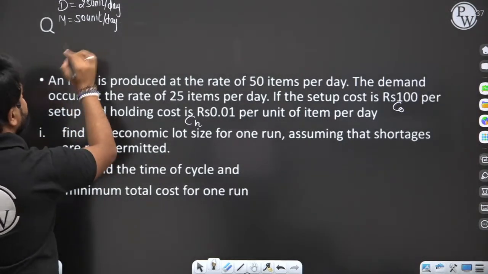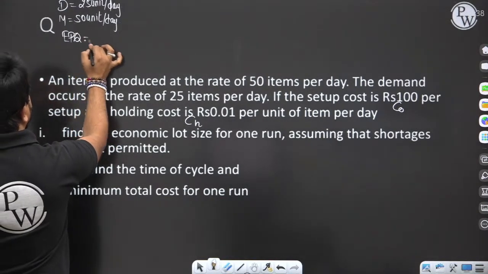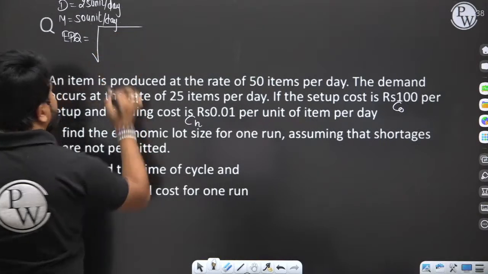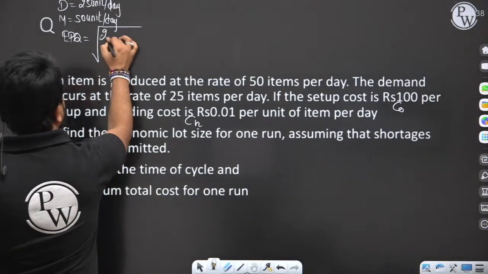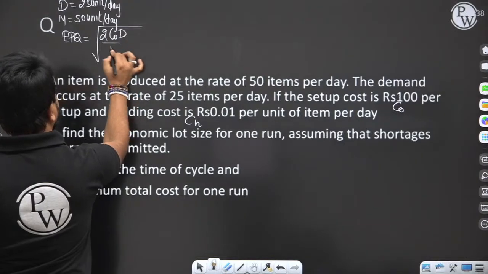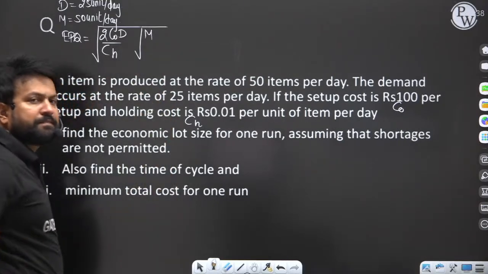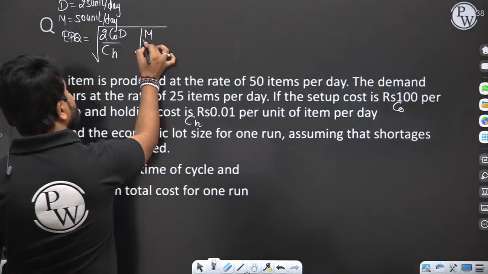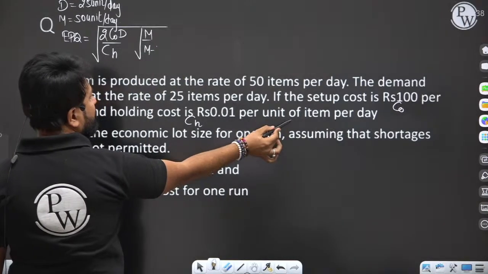My dear, here the economic production quantity will be root of 2 C naught D divided by CH into root of M divided by M minus D, because all the costs are per day.